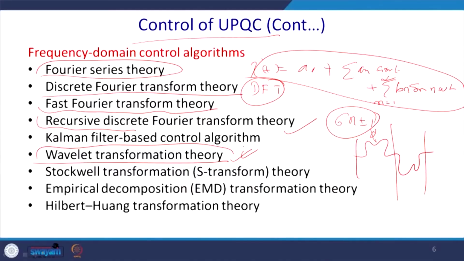One of the advantages of the wavelet is that it can detect the moment the load has changed, and it can also give you the amount of the load change and what component is required to be injected. But sometimes it does not give very good data, because how well you have designed the mother wavelet is a challenge. This is something those who are working on wavelets can appreciate better.